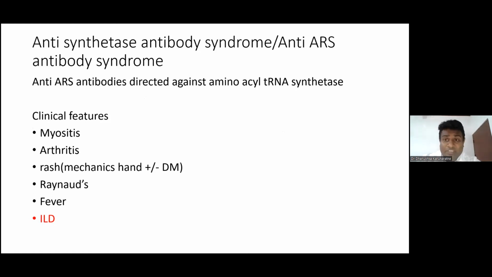And as I mentioned earlier, 8 such antibodies have so far been described. And we all know that the clinical features of the anti-synthetase are myositis, arthritis, the rash with mechanic hands, Raynaud's, and fever. But the ILD is the determinant factor of the disease prognosis or the disease severity.